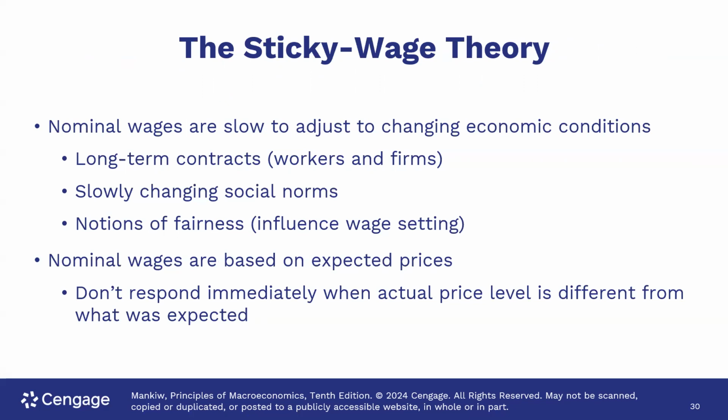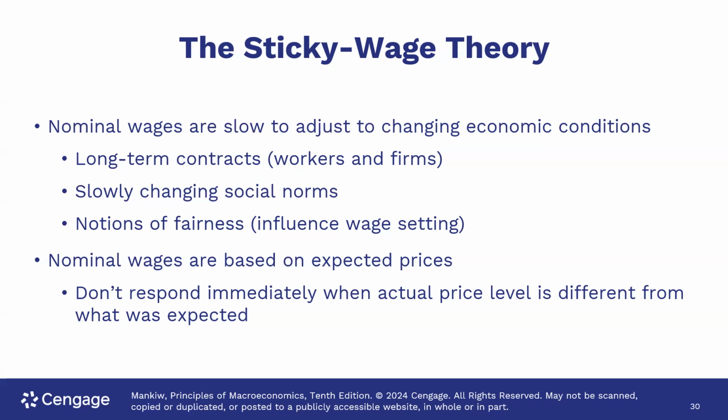If you are a worker and you sign a 5-year contract with your firm, during those 5 years your wage will not change dramatically. It is very hard to renegotiate the contract within those 5 years, because it is a contract. It is something that binds your behavior.